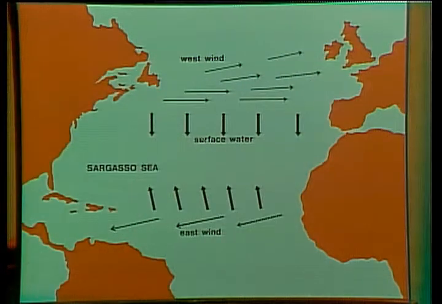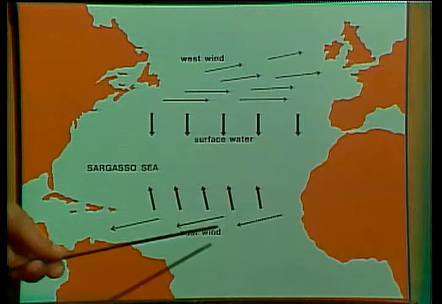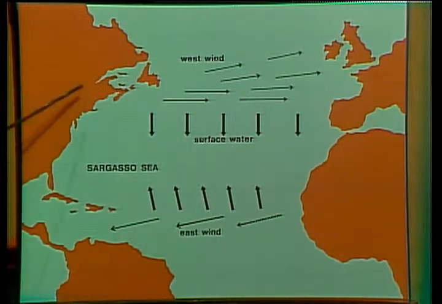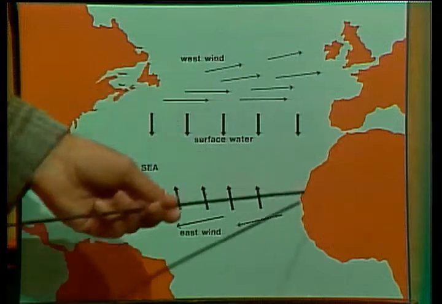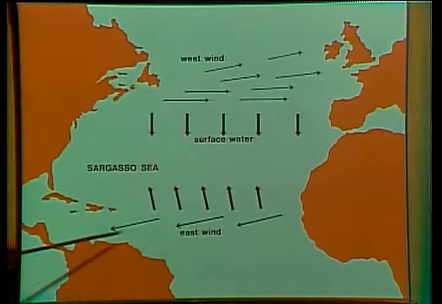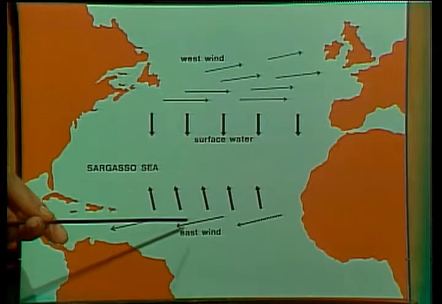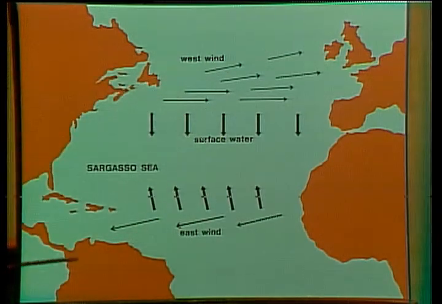In the southern part of the Atlantic Ocean, we have the trade winds, and these blow from the east. So we have a countervailing set of winds, one around the equator in the southern part of the North Atlantic, and one in the northern part.